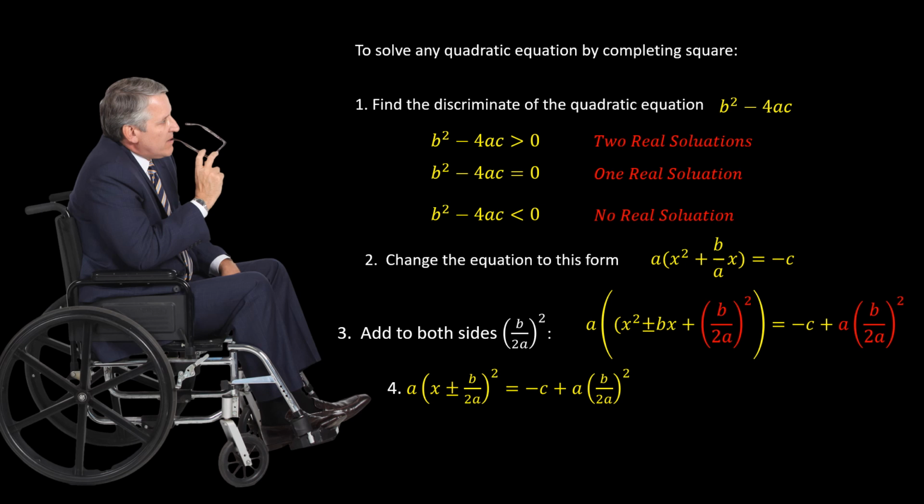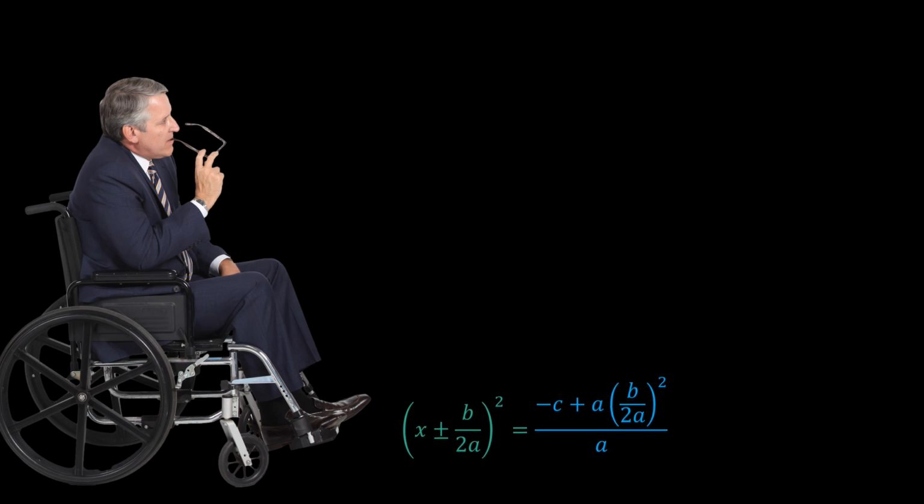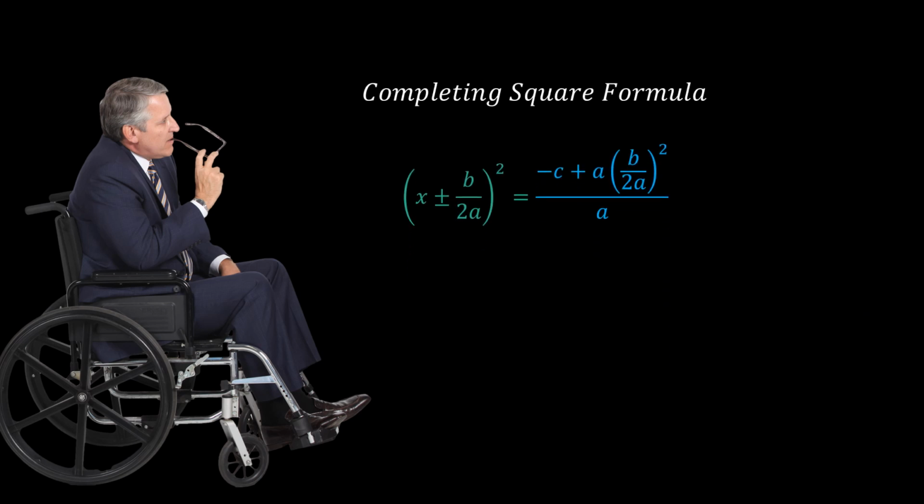It depends on the first sign: if it's plus, put plus; if it's minus, put minus. (b/2a)² equals, and on the right side, you can calculate the numbers. This is actually the formula of the completing square, so we can directly change any quadratic equation to the completing square by using this formula.